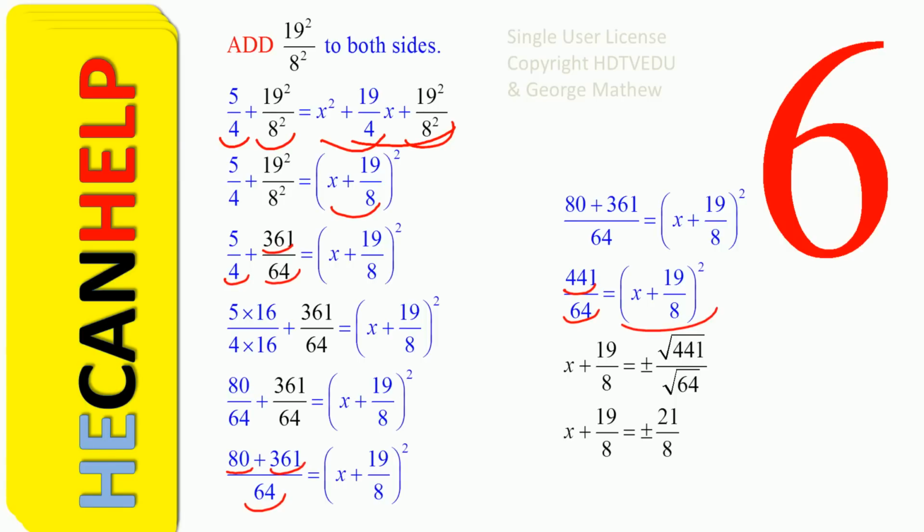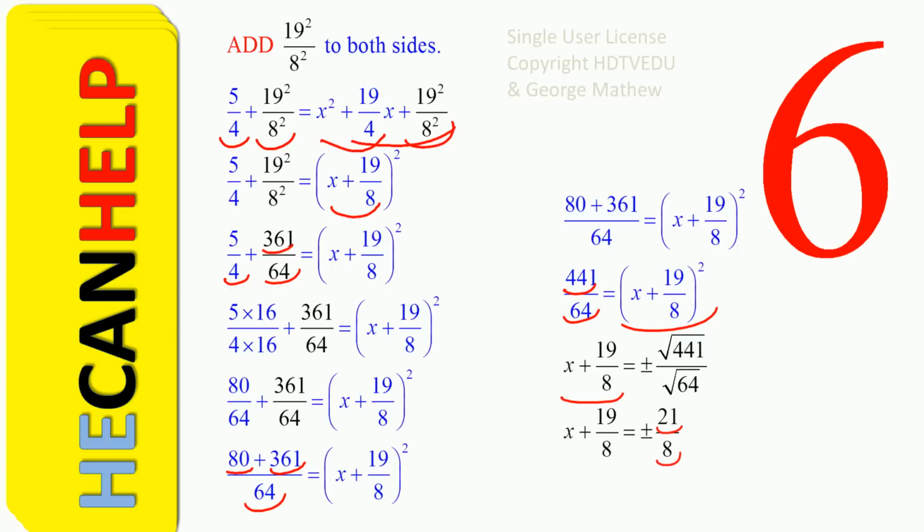To solve for x, we need to take square root on both sides. So we get x plus 19 over 8 equals, because we are taking square root of a square, we expect two solutions, plus and minus. So we have square root of 441 divided by square root of 64. Square root of 441 is 21.